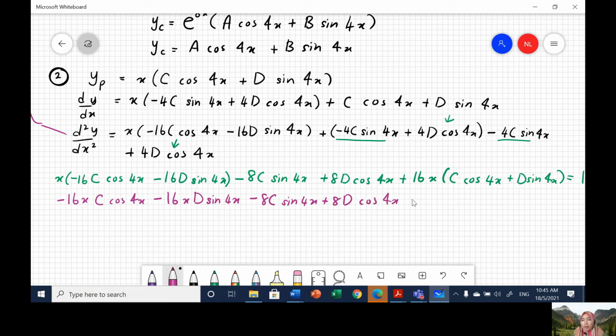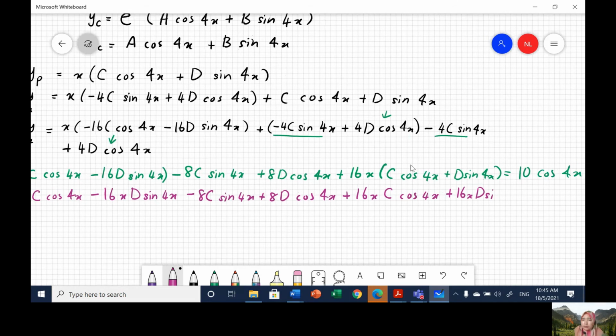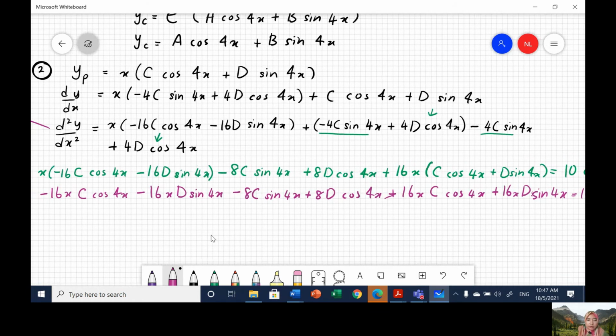Now this one, open the brackets: 16x c cos 4x plus 16x d sine 4x, and negative 16x d sine 4x equal to 10 cos 4x.